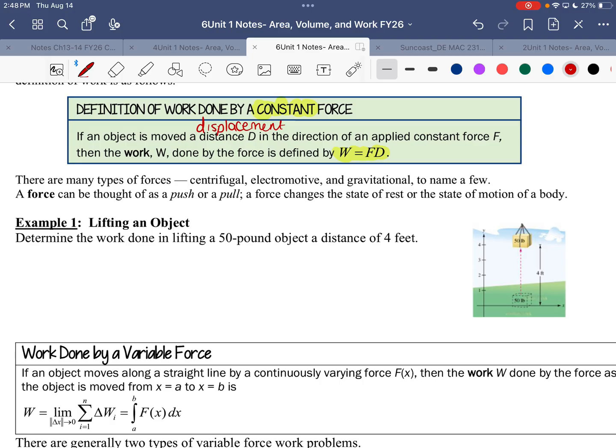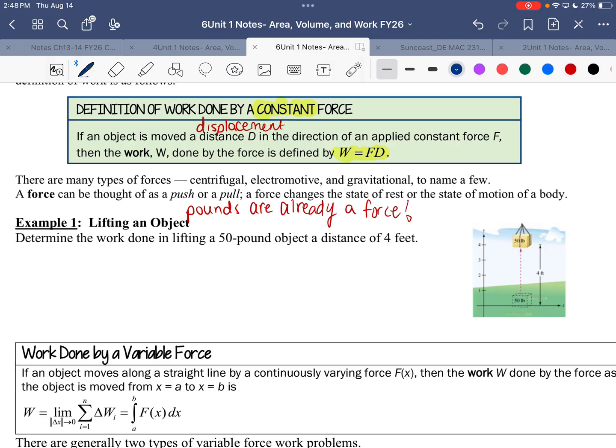One thing I want to talk to you about is that anything that says weight, pounds, is already a force. If you're in the units of pounds and feet, if you see pounds, it's already a force.